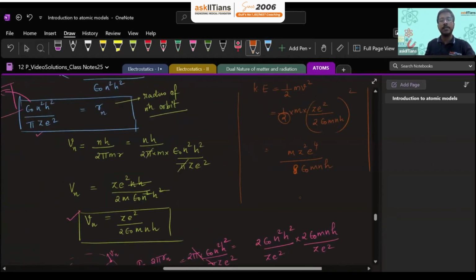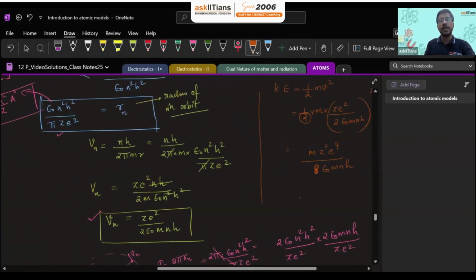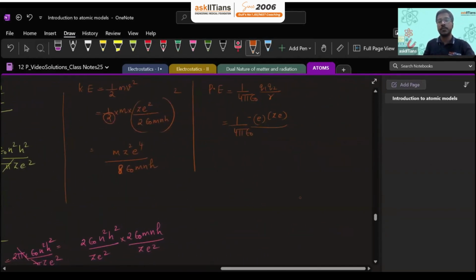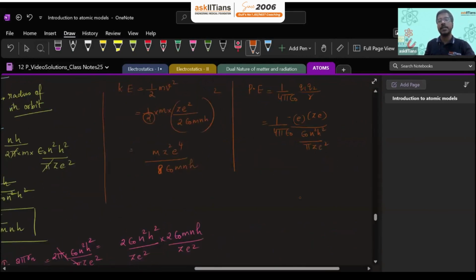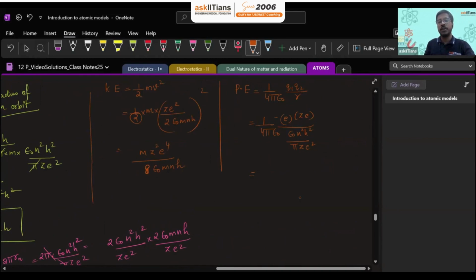What is the radius here? Epsilon naught n square h square by pi z e square. This goes to the numerator. So minus z e square into pi z e square divided by 4 pi epsilon naught into epsilon naught n square h square.